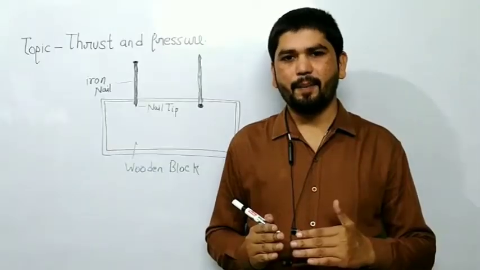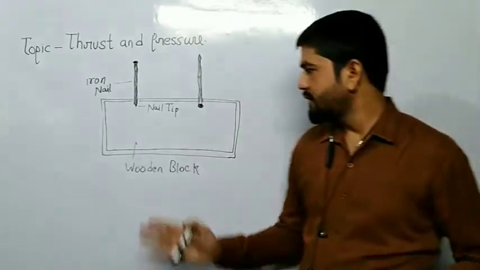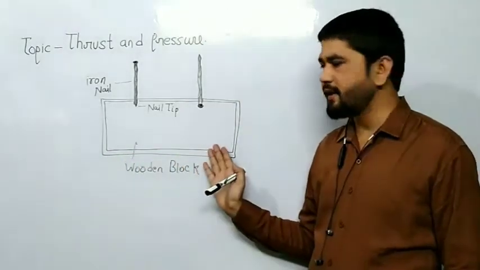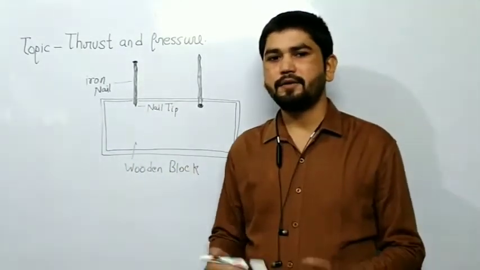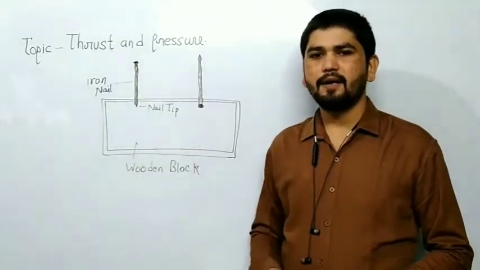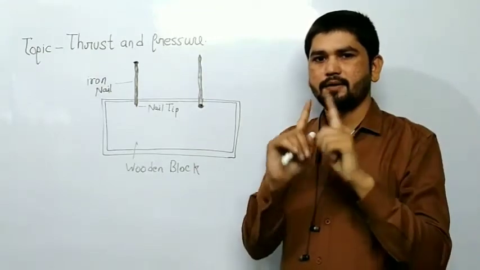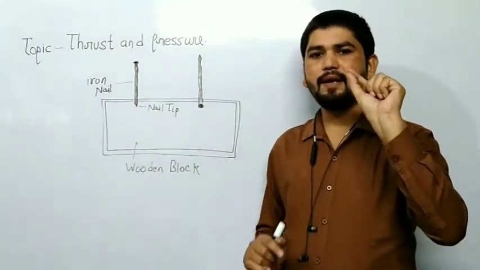Okay guys, now just take one example. In front of you one wooden block is there, and two iron nails. Iron nails, you know, the back side has a greater area, just a circular shape, and the tip is very thin.